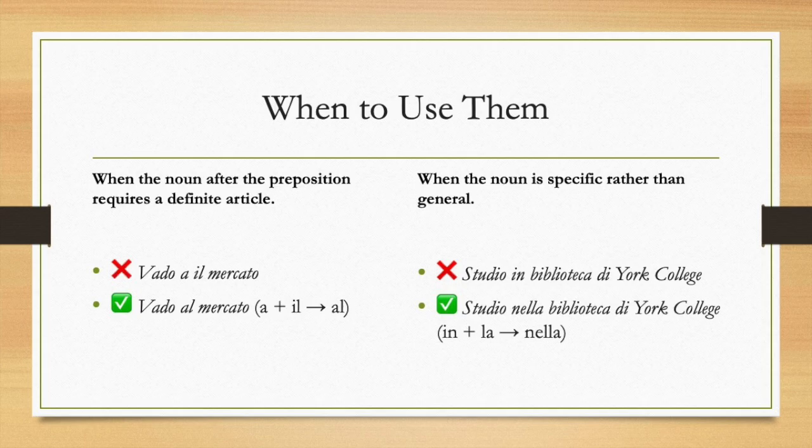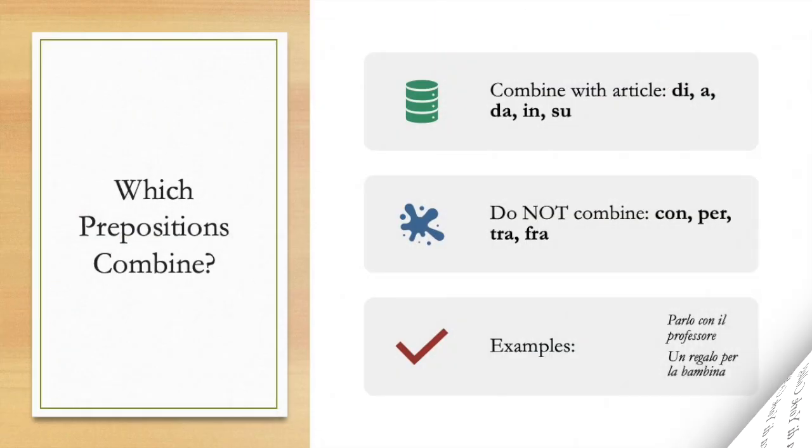A key distinction is general versus specific. If you say studio in biblioteca, you mean any library in general. But if you say nella biblioteca di your college, the preposition must merge with the article. Not all prepositions form articulated versions. Only di, a, da, in, and su do.